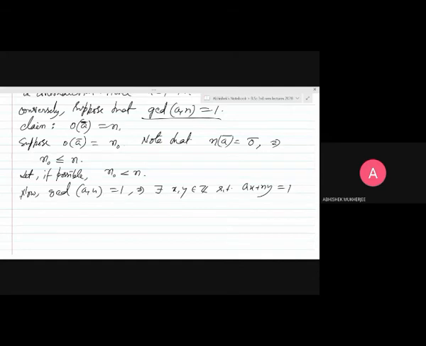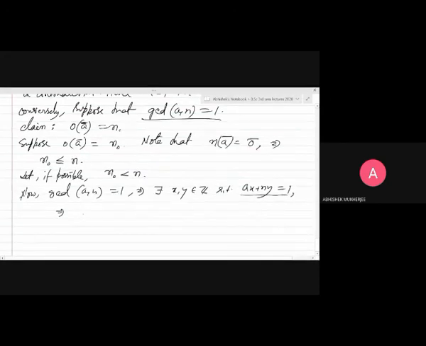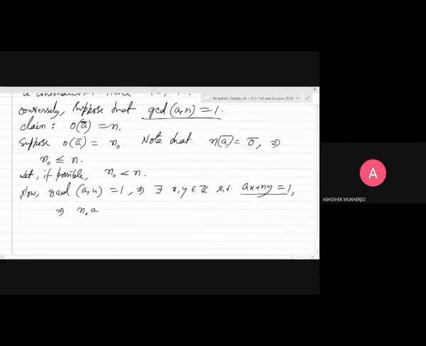So now if you multiply this equation with n naught, then it gives you n naught ax plus n naught ny equal to n naught, right?